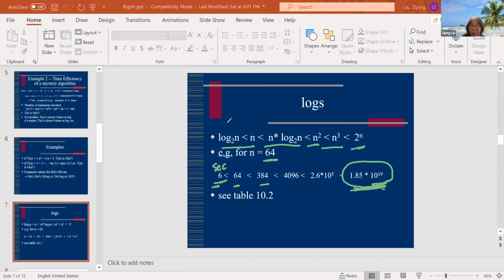Just think, if one company's algorithm takes 6 seconds and another company's algorithm takes this much longer, of course you want to buy the algorithm that takes just 6 seconds. So here it tells us the scale.